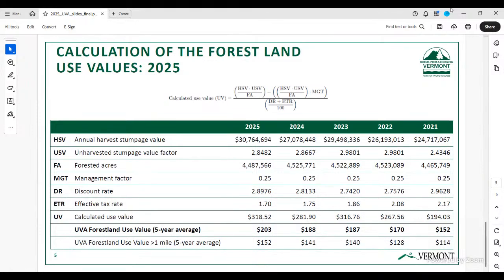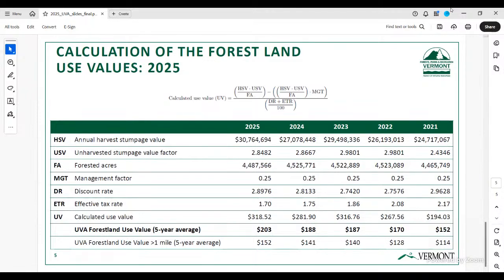From growing about 3 to 1, that's how you figure it out: we know how much we removed, now we have to estimate what's on the land still. Then divide by forested acres to get it on a per acre basis. Then you take that same number, multiply it by the 25% management factor, and do a subtraction.